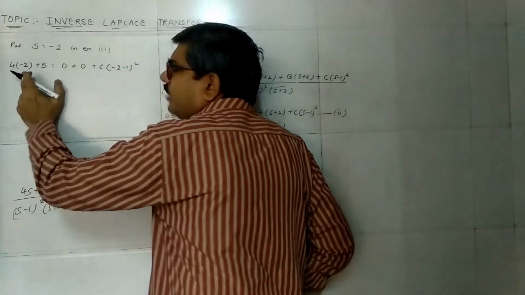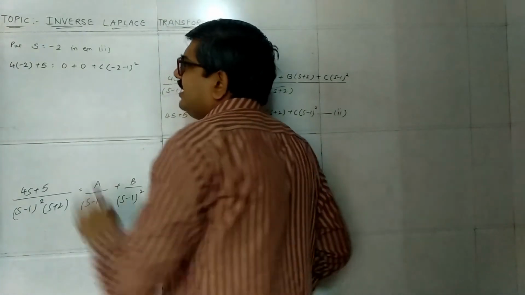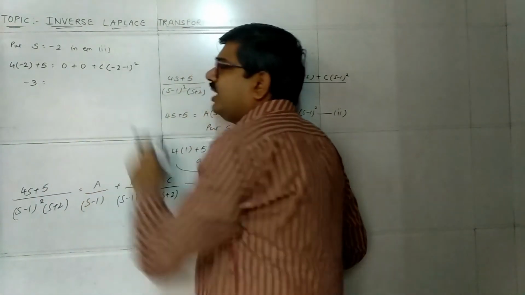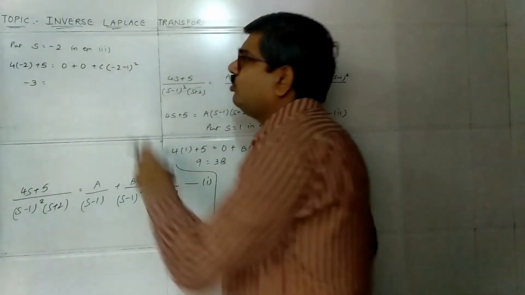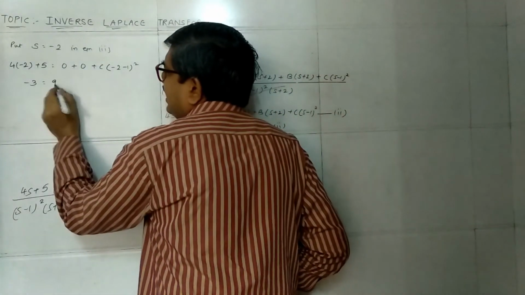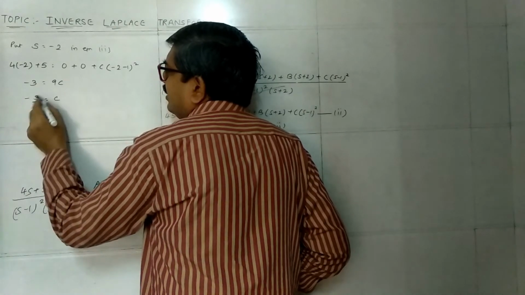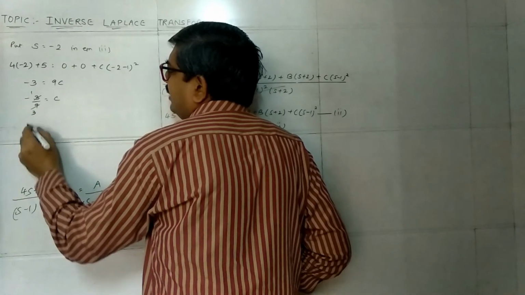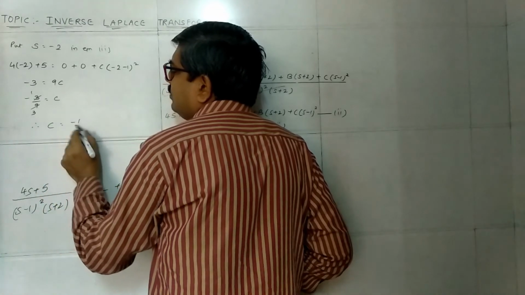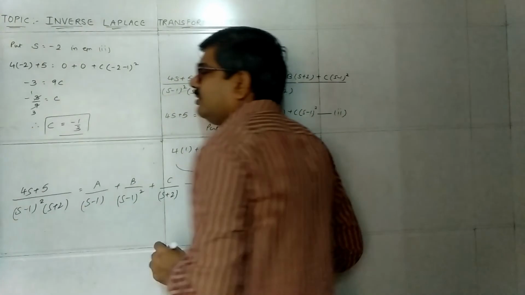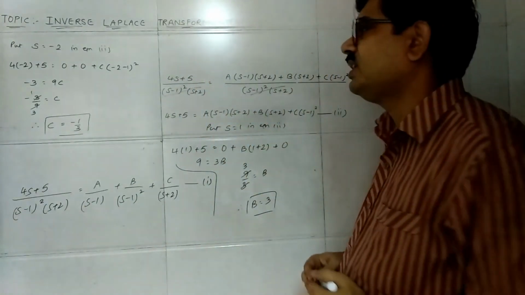So 4 into minus 2 is minus 8. Minus 8 plus 5 is minus 3. Is equal to minus 2 minus 1 is minus 3. Minus 3 whole bracket square is 9. So 9c. Bring 9 here. So this will become 1 by 3. Therefore c is equal to minus 1 by 3. So value of c minus 1 by 3 we got.